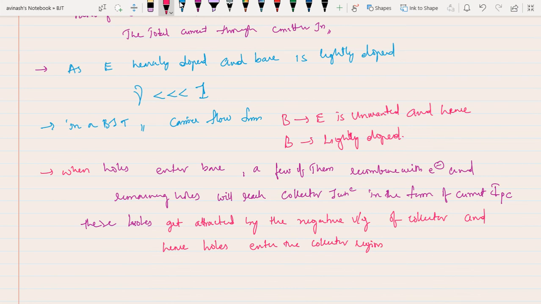So the reverse voltage VCB or VBC does not oppose the hole movement from the N type base to the P type collector.